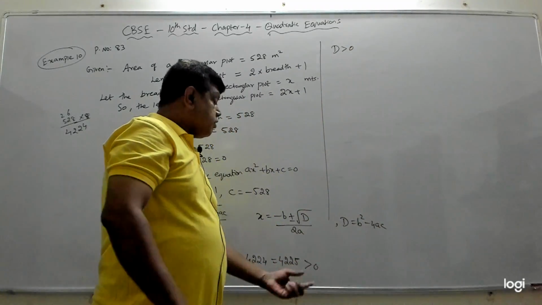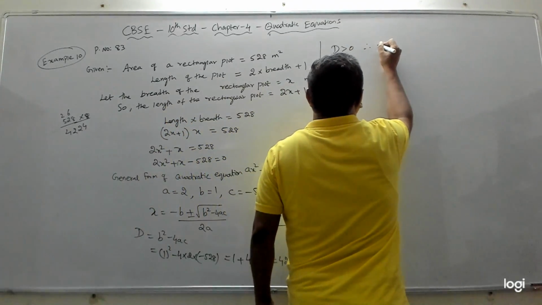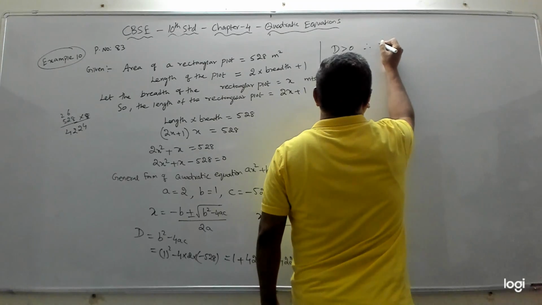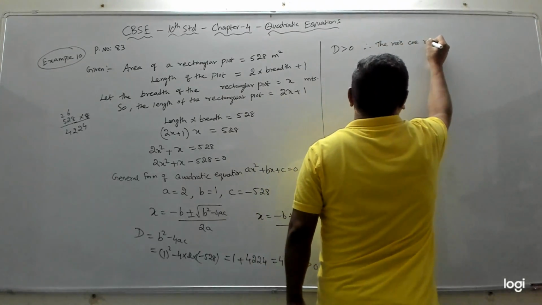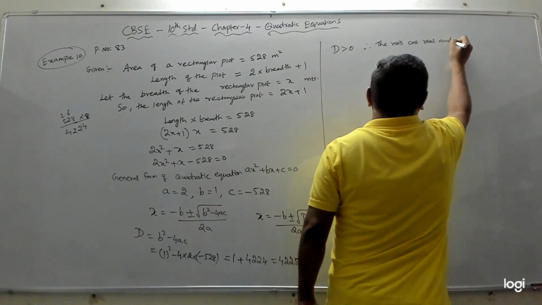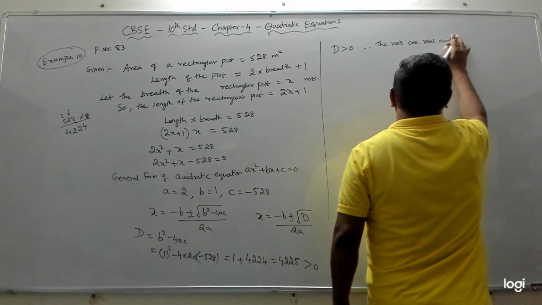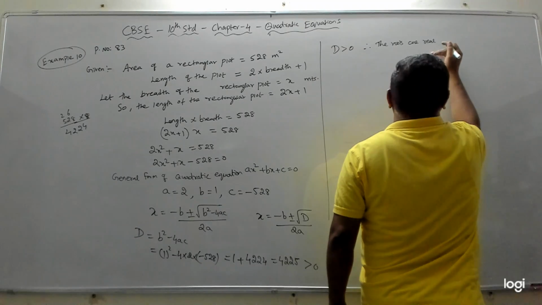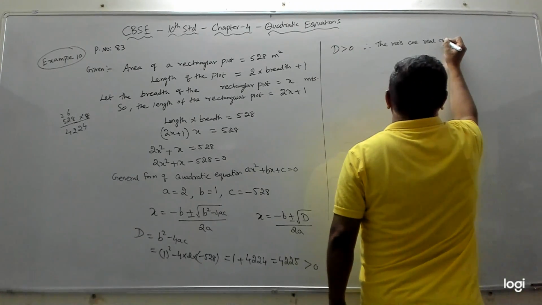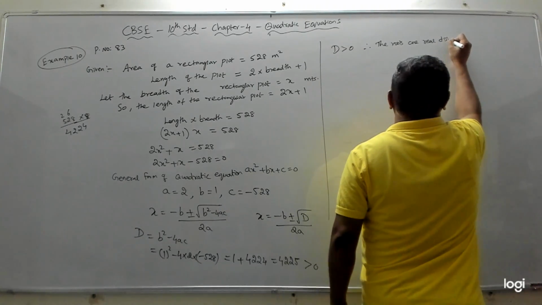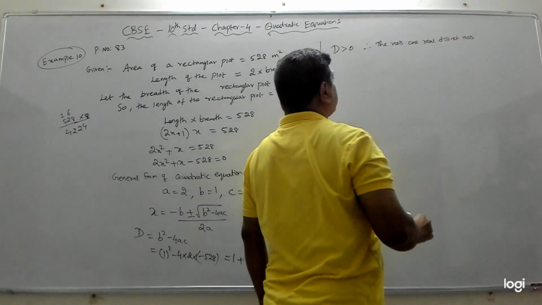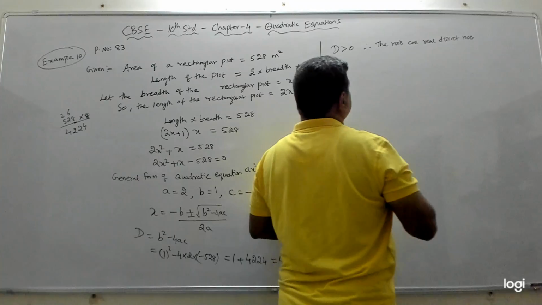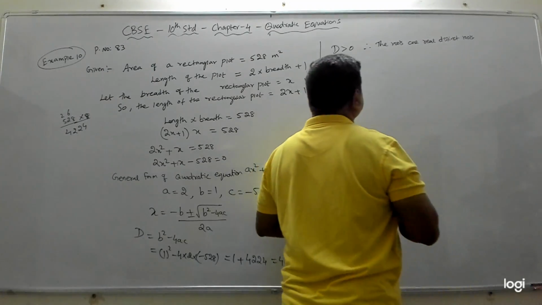Because D is greater than 0, therefore the roots are real and distinct. It will be real roots or real distinct roots, we can say.